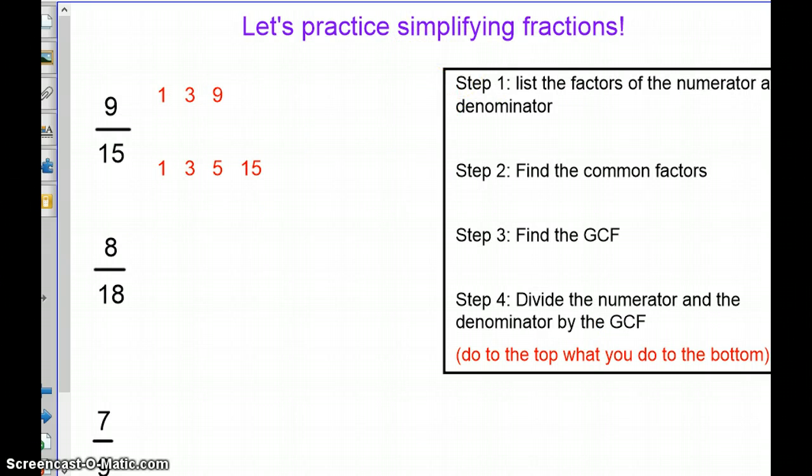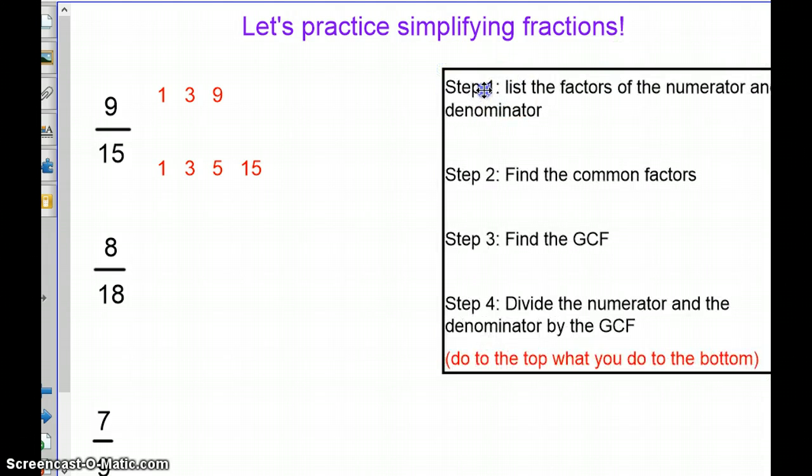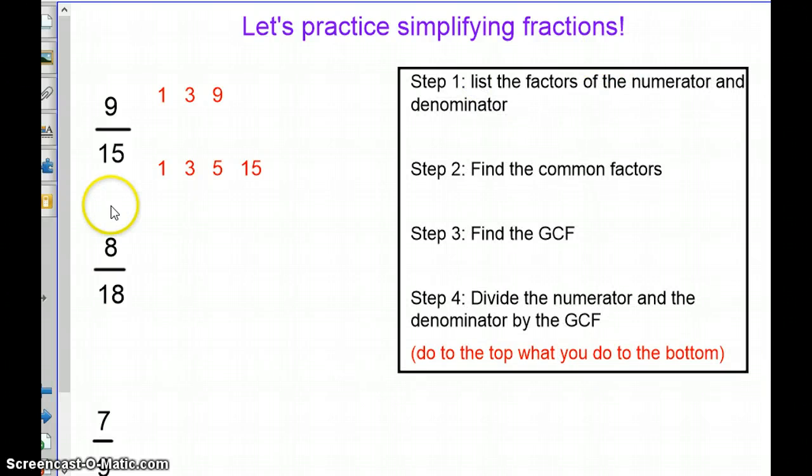Okay, we're going to practice simplifying fractions right now. The first fraction we're going to look at is 9/15. I've already done the first step, which is to list the factors of the numerator and the denominator. Here are all the factors of our numerator, 9. Here are all the factors of the denominator, 15.